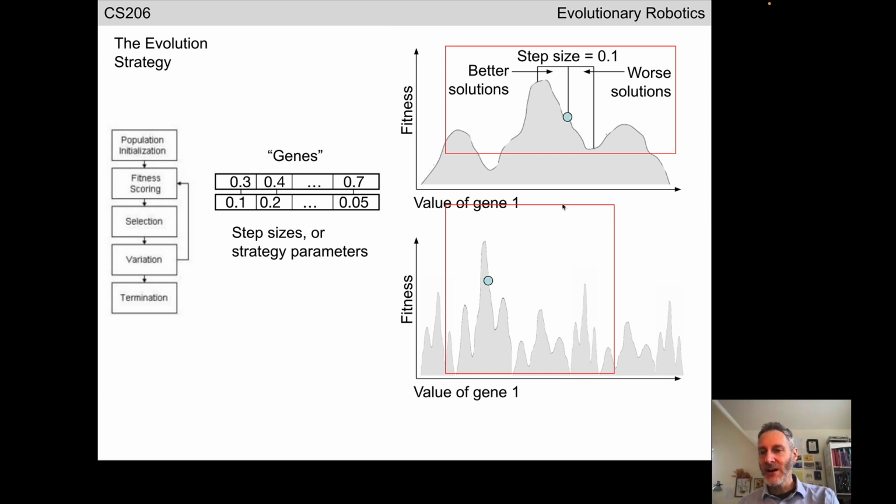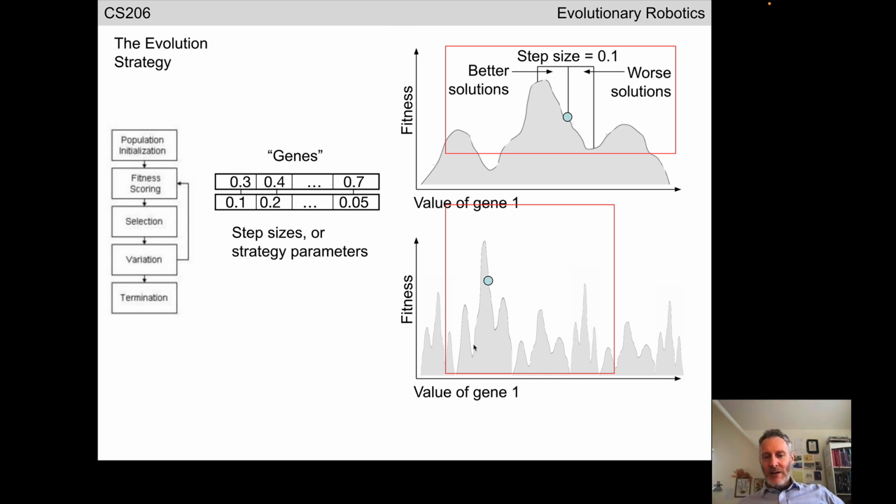In this example, unbeknownst to us, a step size of 0.1 was actually a pretty good choice, because if the step size is 0.1, the child has a 50% chance of being better than the parent, as long as the mutation decreased the value of gene 1, meaning that as long as the child is to the left of parent 1, it's actually going to land higher up the slope of Mount Mansfield here. So that's pretty good.